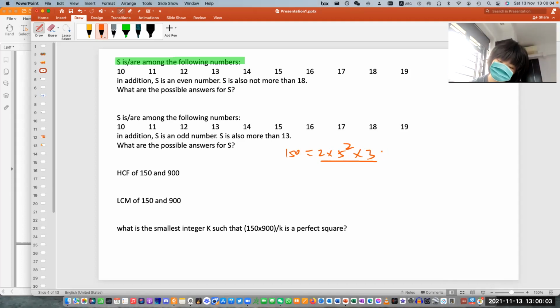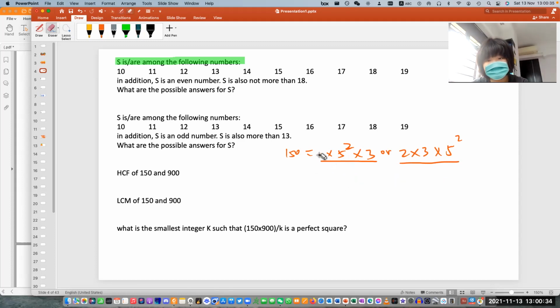Of course, it's best to arrange them in order, small to big or big to small. Up to you. But I cannot say that this is wrong. This is correct as well, because 2 times 3 or 3 times 2, they are the same thing. You just switch places.